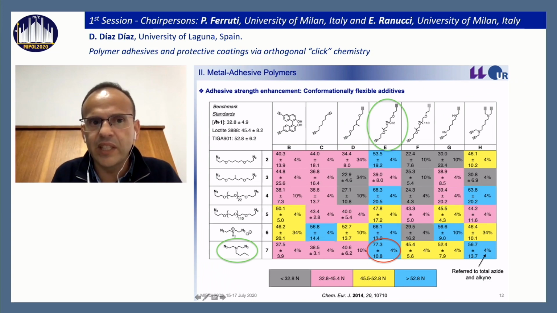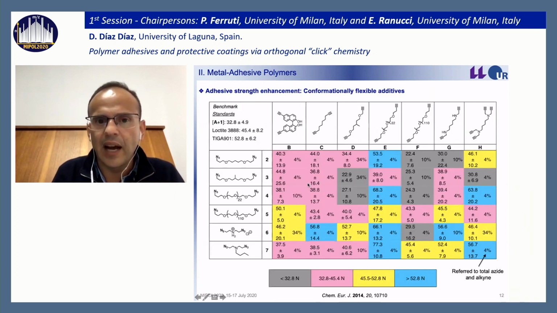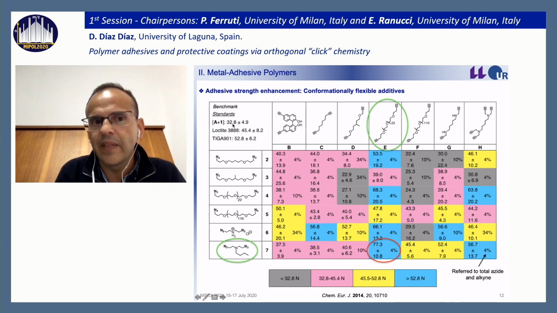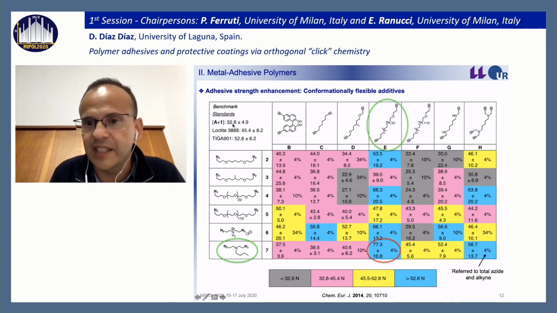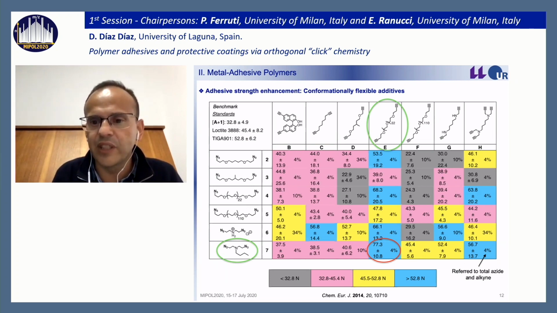We mix with, let me go back, with this one here. So this is our adhesive, and these are our additives, right? So when we put 4% of this one, then you can see that we can increase more than double the strength of the adhesive, right? So it's very easy to modulate the flexibility of this adhesive.